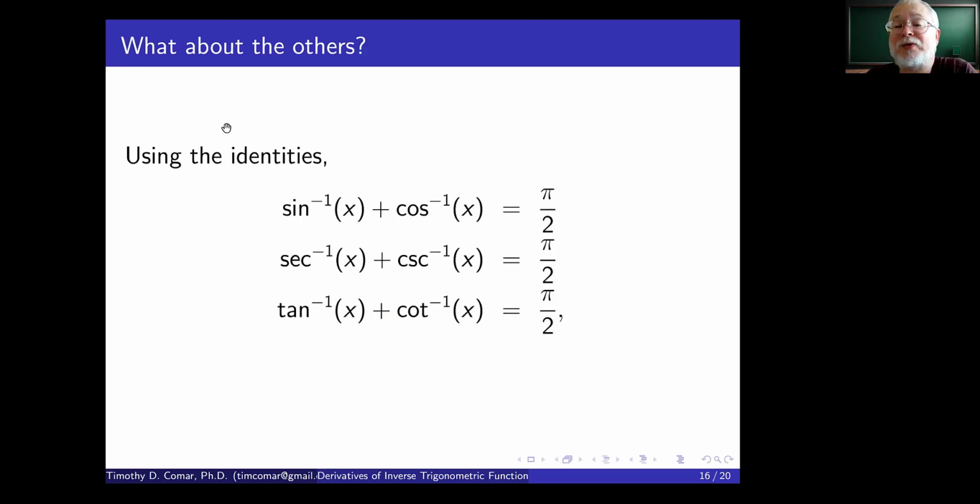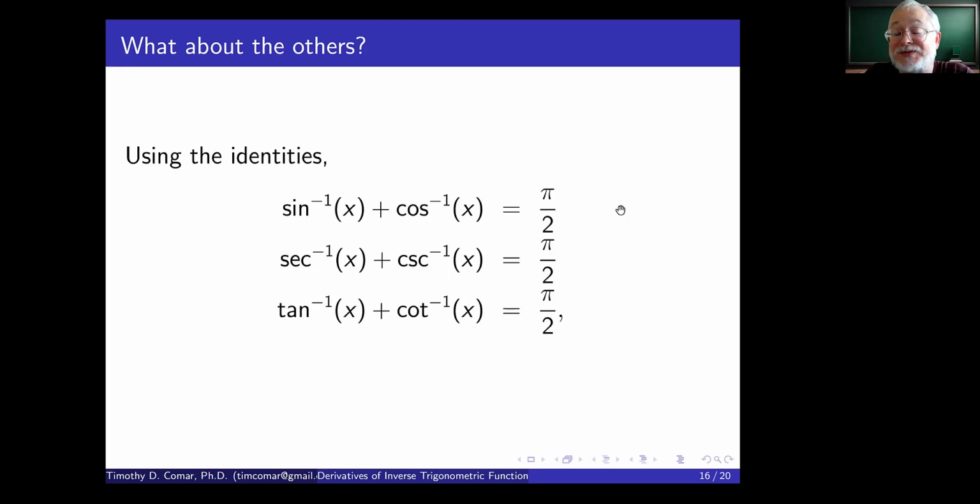So what about the derivatives of the other three inverse trigonometric functions, our arccosine, our arccosecant, and our arccotangent? Well, from these identities over here, we can express our arccosine in terms of pi minus arcsine of x.